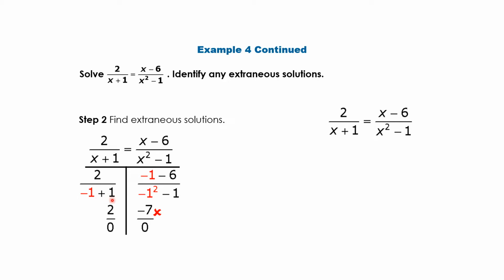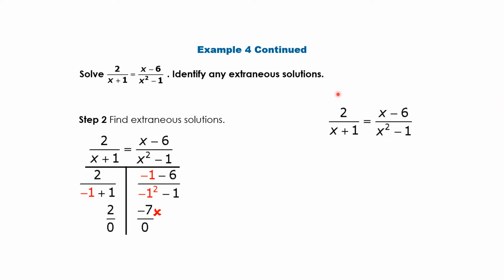Negative 1 plus 1 is 0, and this is undefined. On the other side, we have negative 1 minus 6 equals negative 7. Negative 1 squared is equal to positive 1. 1 minus 1 is 0. Again, it is undefined. So since the two sides are undefined, we cannot say that they are equal with each other. In other words, negative 1 is an extraneous solution.